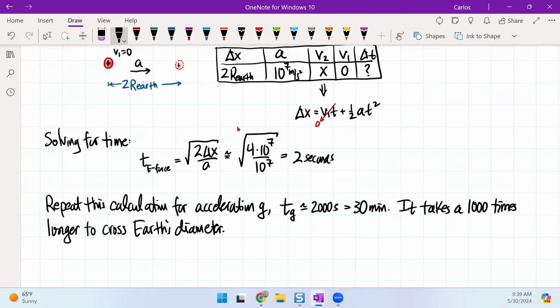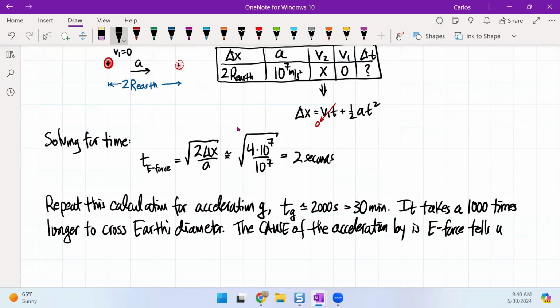In other words, the cause of the acceleration by the electric force tells us it is very strong indeed.